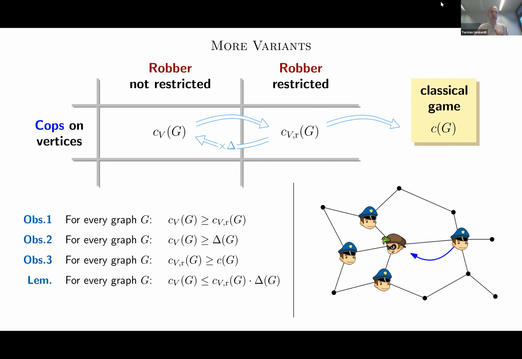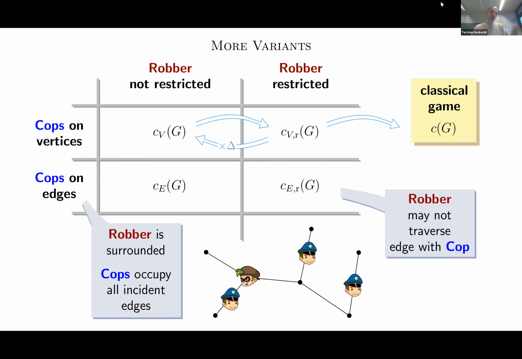Okay. Before that, let me first introduce you very briefly more variants, just to give some context. So there's a variant which is called the edge version of the game, where the robber is still moving on vertices as before, but now cops occupy edges. So cops basically play on the line graph of the graph, if you will.